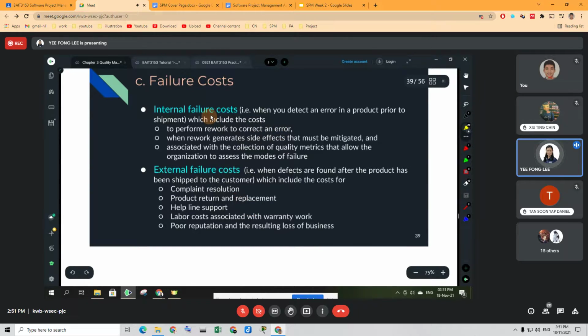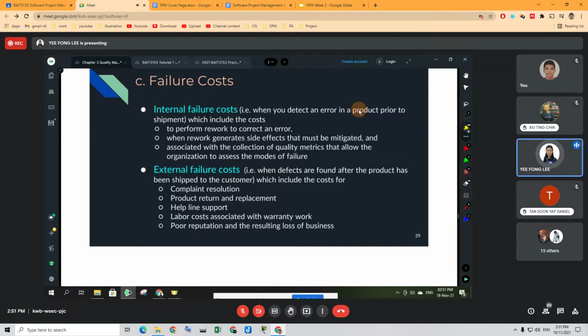So internal failure costs are incurred to remedy all the defects discovered before the product and services are delivered to the customer. The problem is detected before they transfer the product or services to the customer.